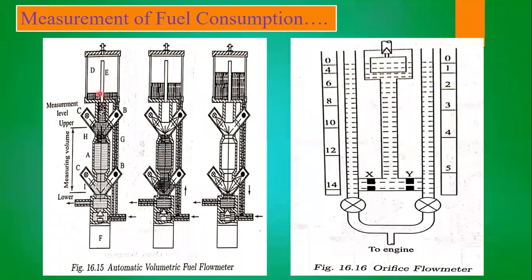E is the air pipe, or connecting pipe. G is the equalization pipe here, and F is the magnetic valve.